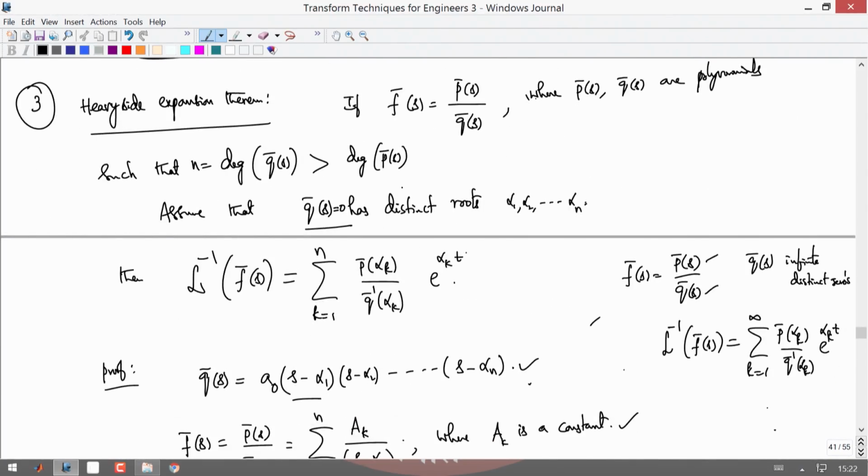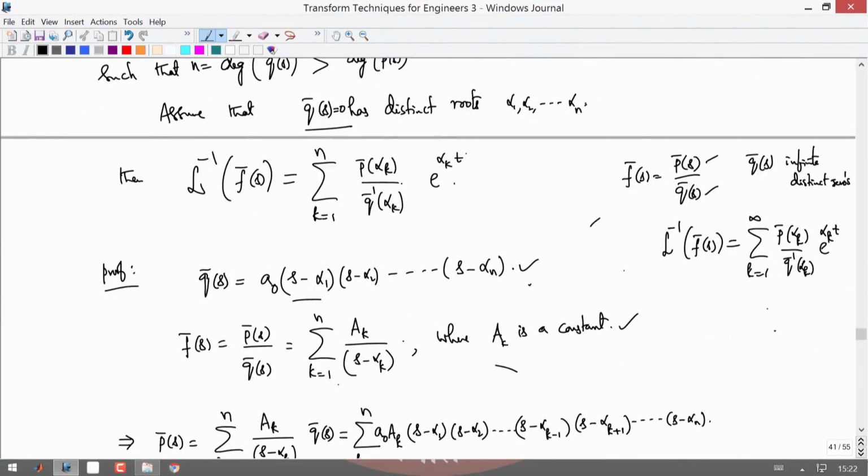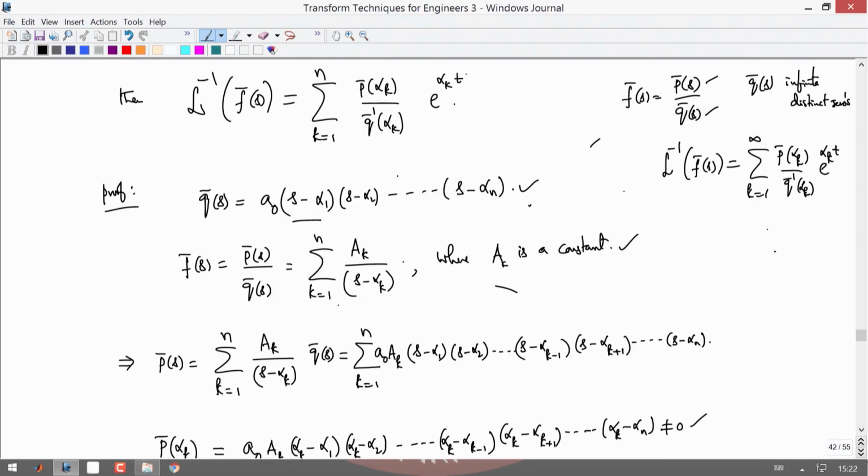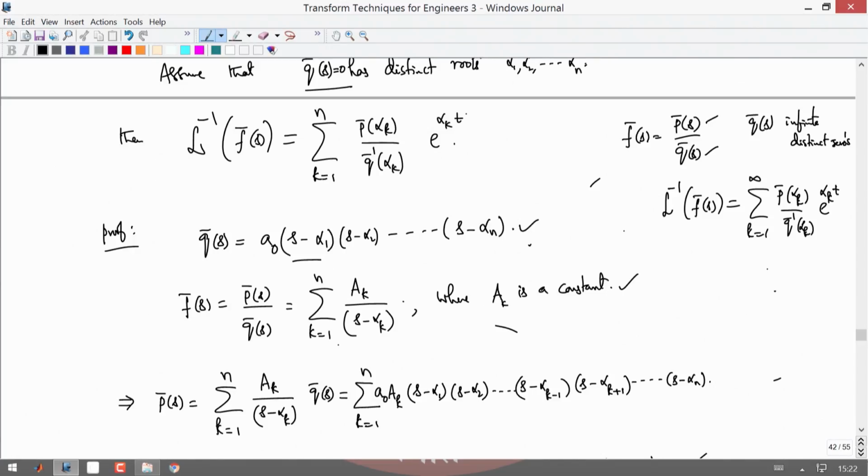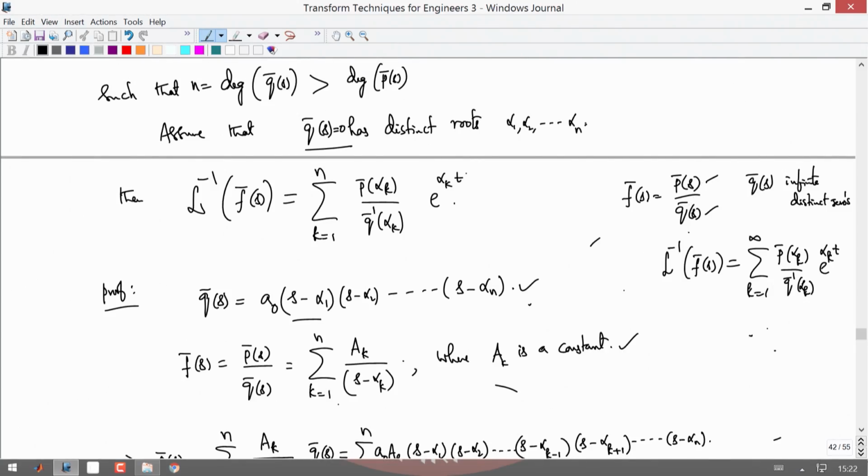In any case, this is the third way of finding the inverse transform, that is by Heaviside expansion. In the same way you can work it out in general even if p bar and q bar are not polynomials, but some other functions with infinitely many distinct zeros, you still get a similar kind of expression. We will not prove this, but you can show it with some example using the contour integration technique.